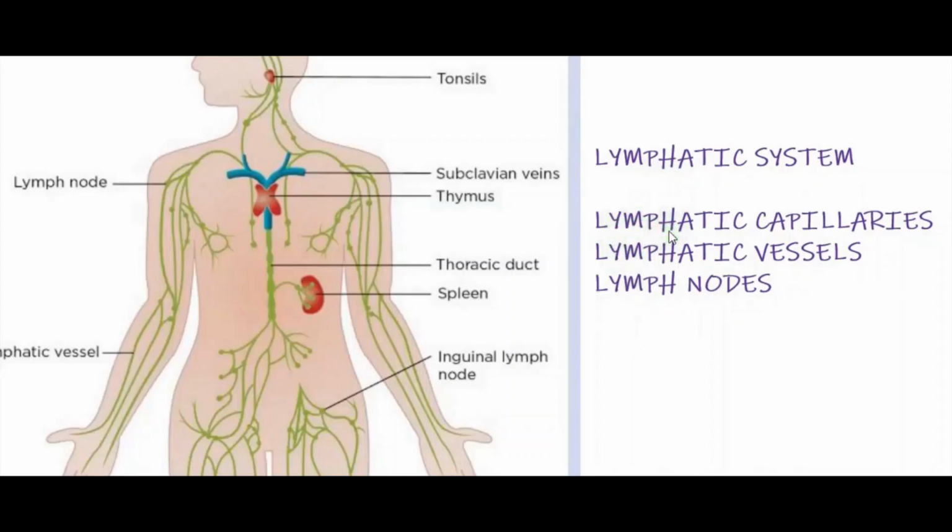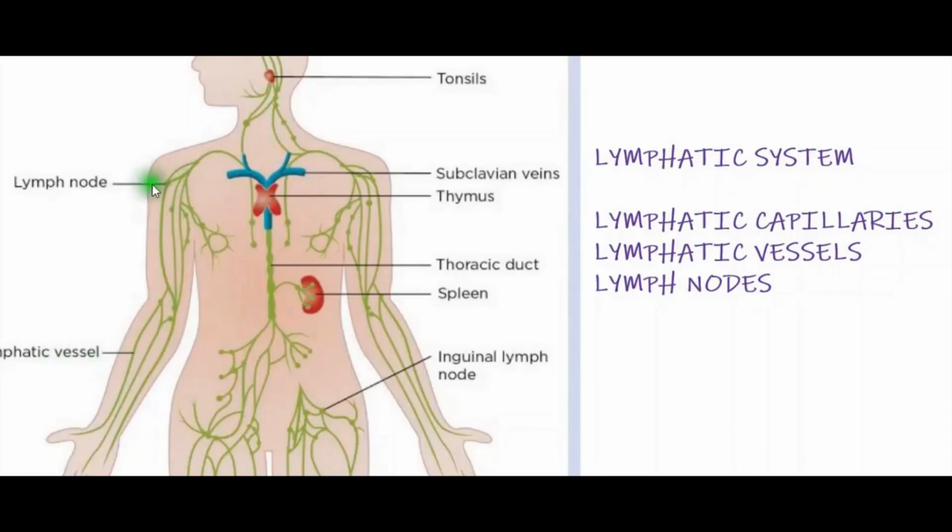These are the lymphatic capillaries, and this is the lymphatic vessel. Lymphatic capillaries are the smallest ones, and they unite to form large lymphatic vessels. Now, a lymph node is a small dot or oval shaped structure.